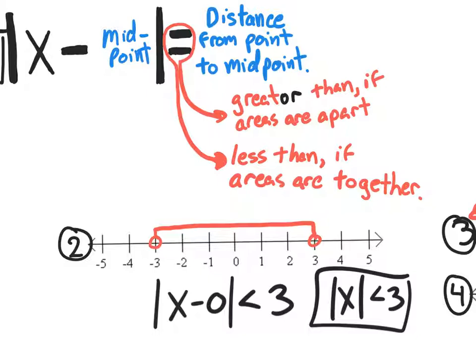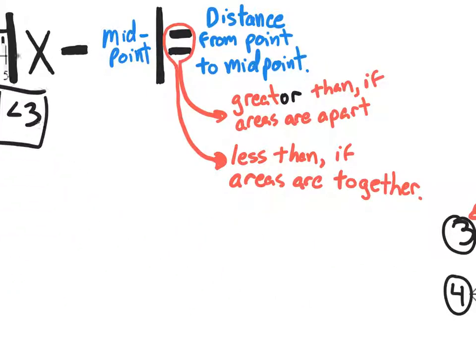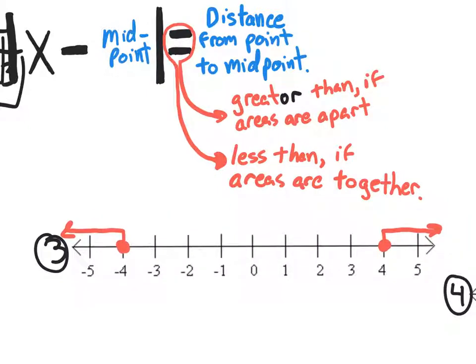Does that make sense? You guys want to see another? Sure. Why not? Here we go. How about this guy? Absolute value of what? x minus the midpoint, which is 0 also, and then is it greater than or less than? Greater than or equal to, because the dots are solid, right?